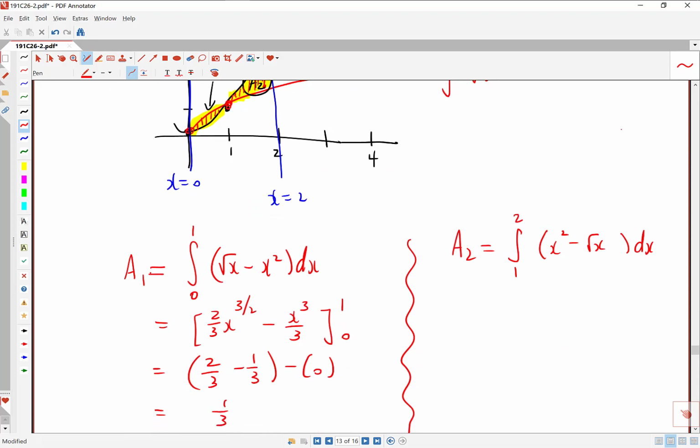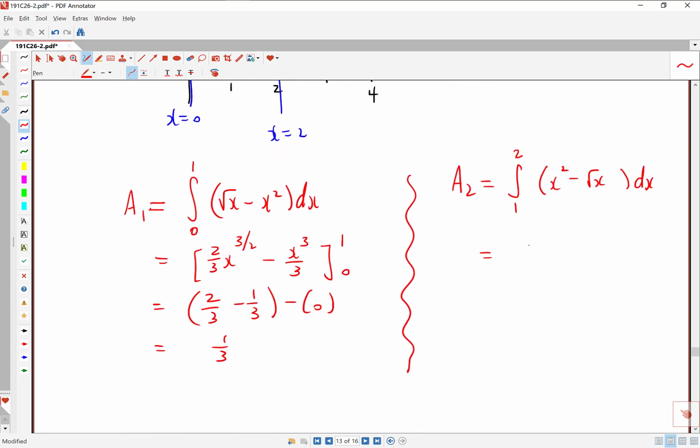All right, so let's go ahead with our integration then. So it looks like x cubed over 3 minus, let's think of this root x as x to the 1/2. So x to the 3/2 times 2/3, and we'll evaluate at 2 and then at 1. Okay, so let's try plugging in 2. We'd have 8/3 minus, okay, this is going to be a bit of a messy number, 2/3 times 2 to the 3/2. 2 to the 3/2 is not a particularly nice number, so I'm just going to keep that like that for now.